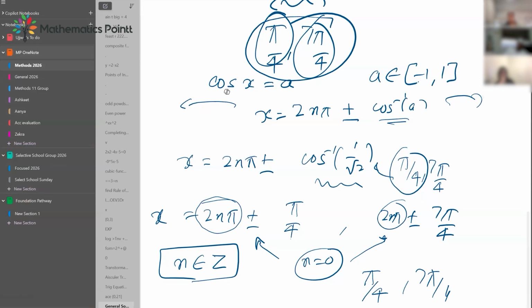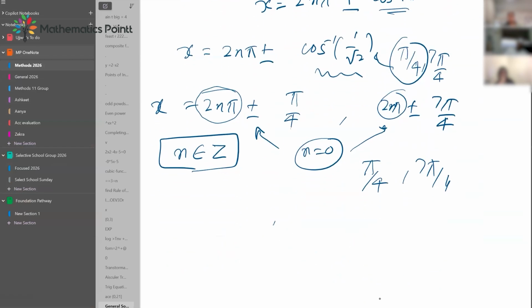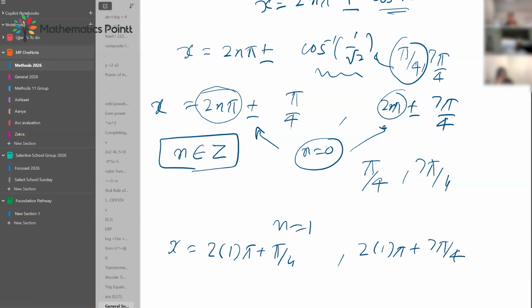Let me plug in n equals 1. 2 times 1 pi plus pi on 4 and 2 times 1 pi plus 7 pi on 4. What do I get? 2 pi plus pi on 4, which is 9 pi on 4, and 2 pi plus 7 pi on 4, which is 15 pi on 4.